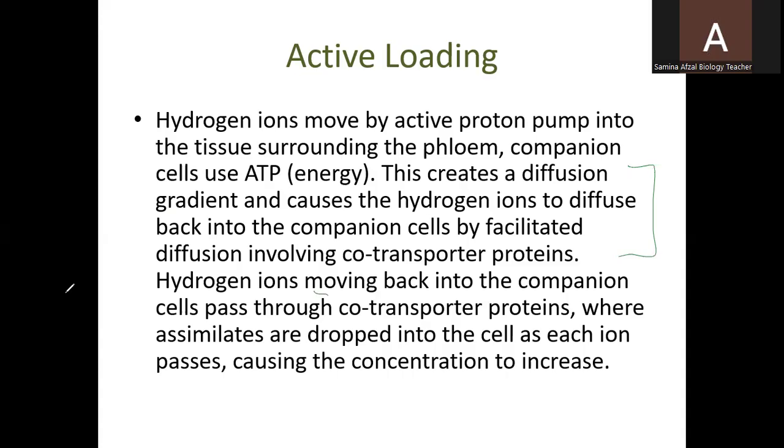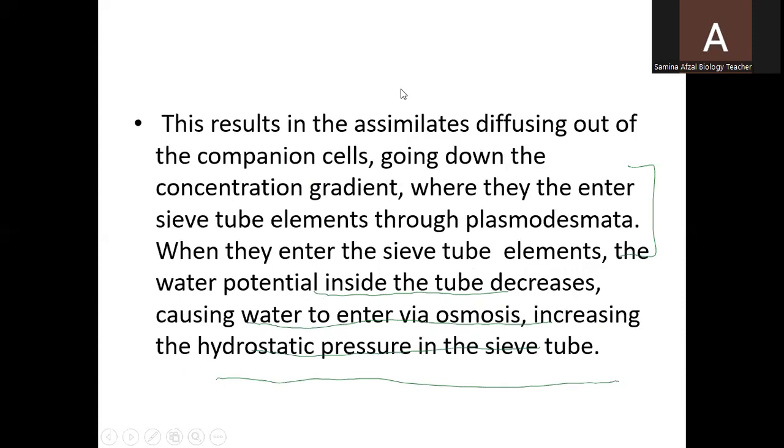So hydrogen ions move back into the companion cells and pass through co-transporter proteins, where assimilates are dropped into the cell as each ion passes, causing the concentration to increase. In this way, they are moved back by facilitated diffusion with the help of co-transporter proteins.